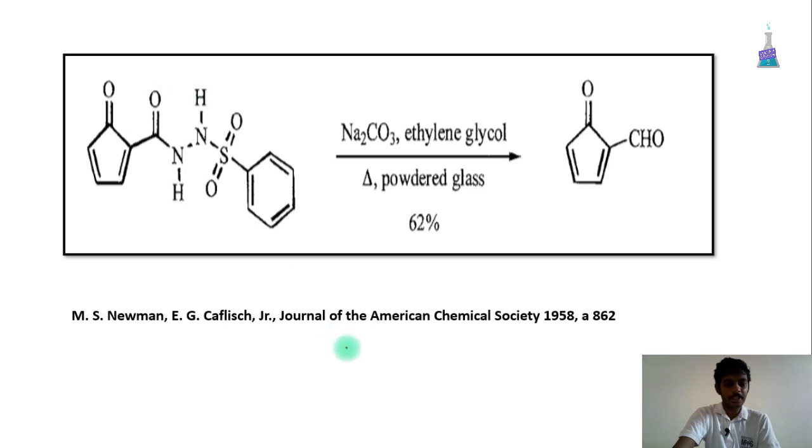See, this is the example which is taken from JACS. This is the starting material. Here the R group is the aryl group and here the aryl group is present.